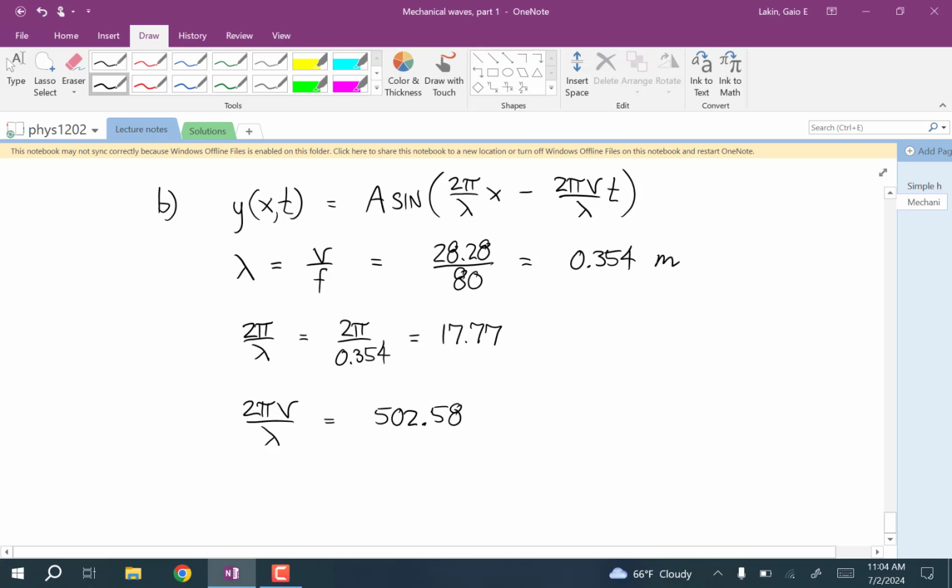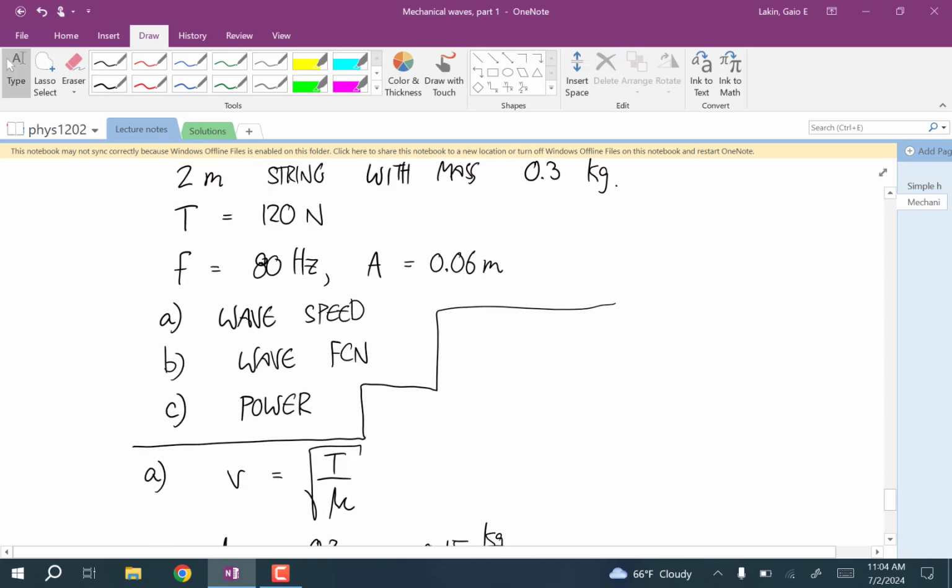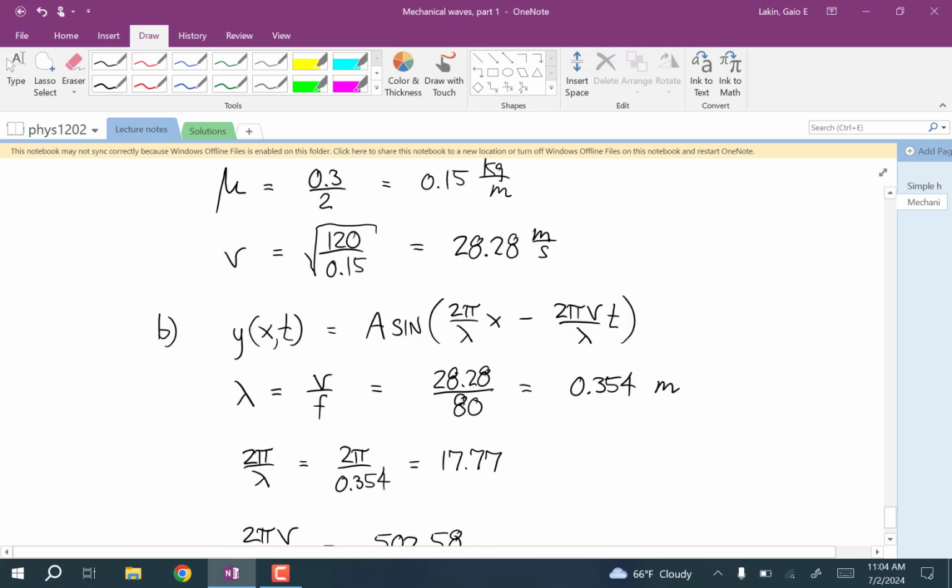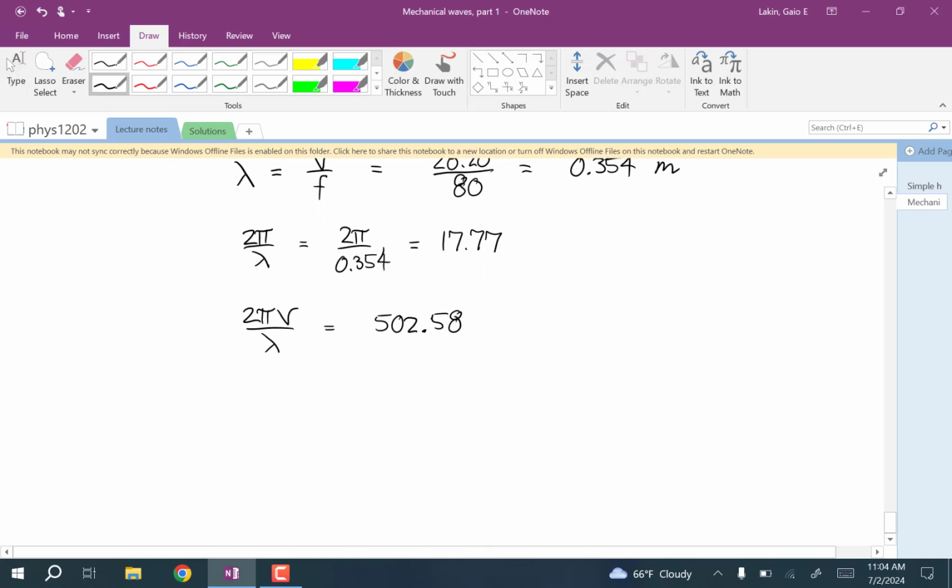The amplitude is given in the problem to be 6 centimeters. And so we can finally come up with this wave function. It's a function of x and t, and it's equal to 0.06 times the sine of 17.77x minus 502.58t.